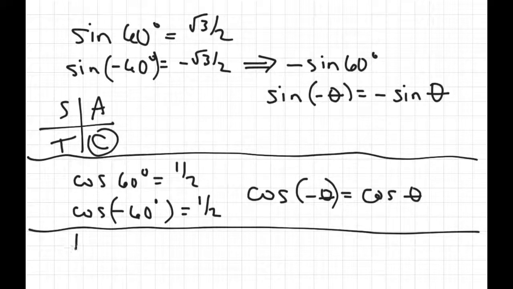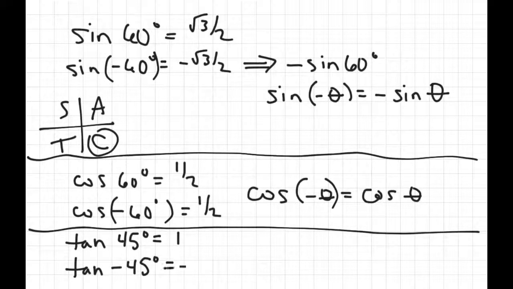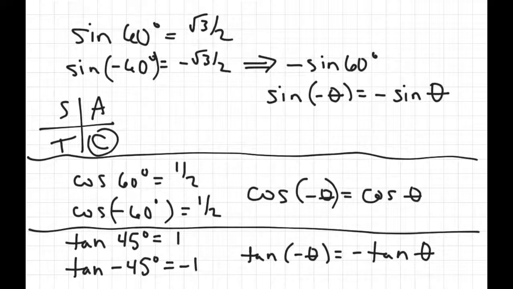The tangent of 45 degrees is 1, and the tangent of negative 45 degrees is negative 1, because negative 45 is in the fourth quadrant, and in the fourth quadrant, tangents are negative. So the tangent of a negative angle equals negative 1 times the tangent of that angle. These are called even-odd properties.